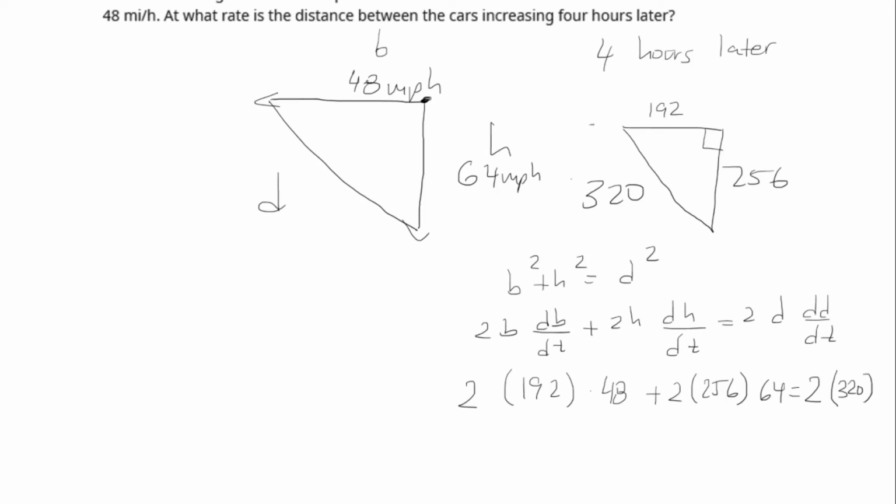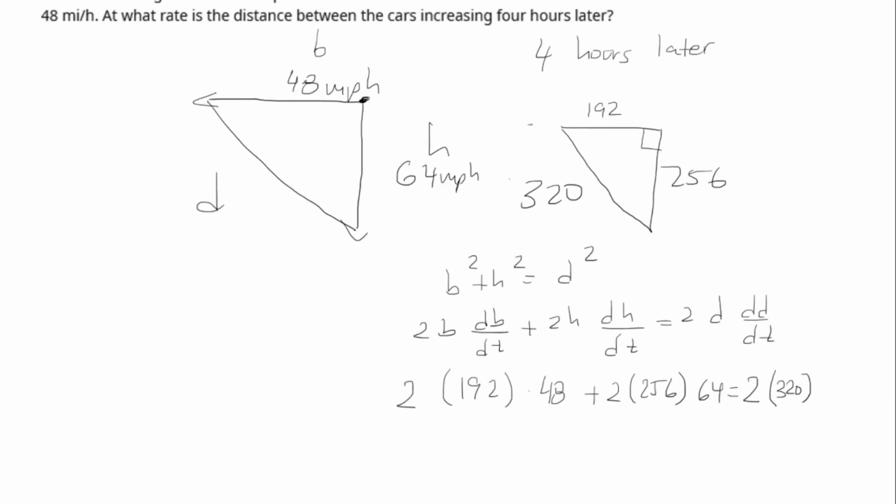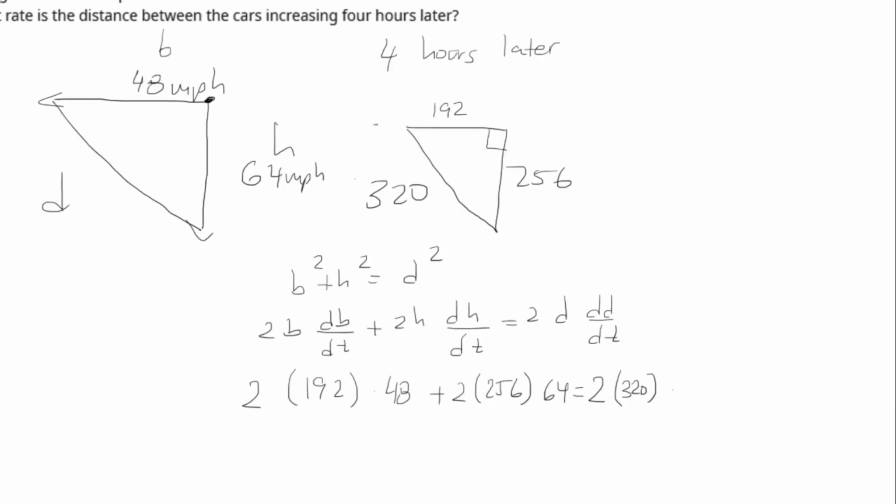And then we're going to multiply that by the derivative of d with respect to t. Okay, so here we have to simplify. We can get rid of the 2's. And let's see. So we have to multiply 192 with 48, and then add that with 256 times 64.